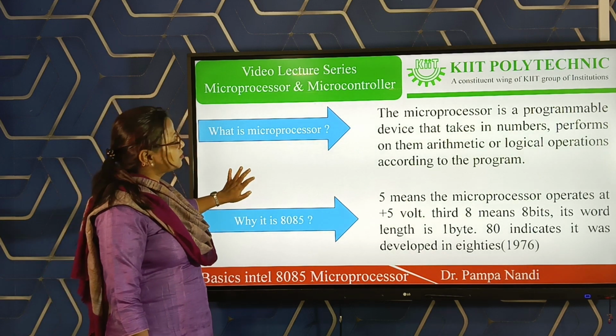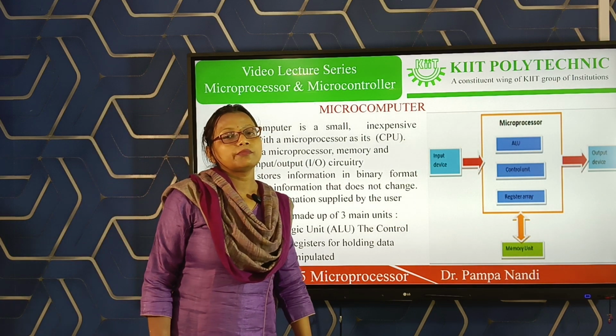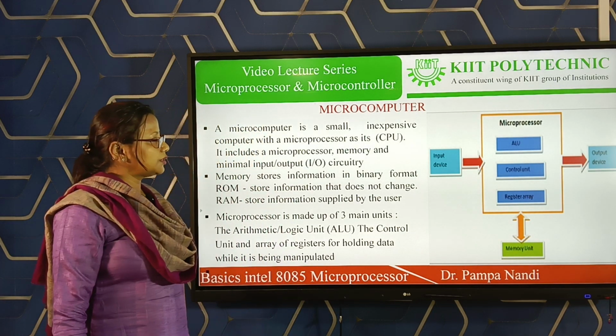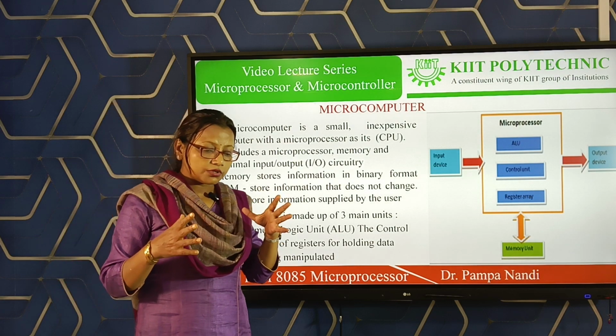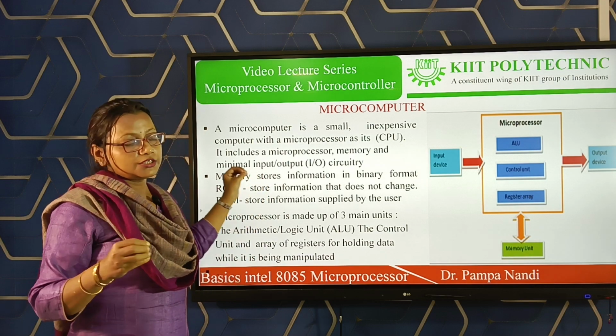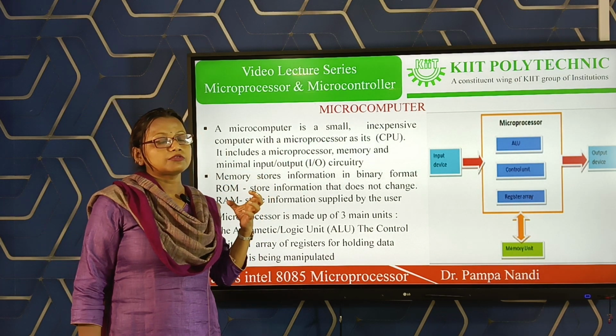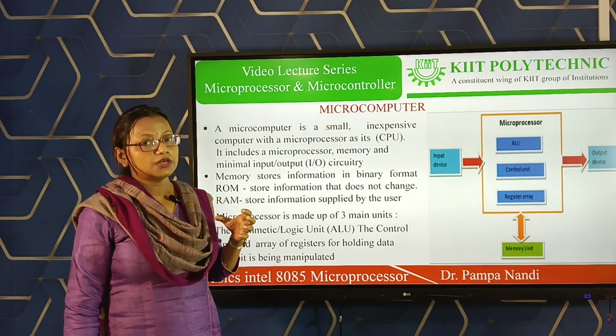Bit interesting, isn't it? Then what is the difference between a microprocessor and a microcomputer? When we are thinking about a computer, as I mentioned previously, the microprocessor is taking the numbers. So from where are we giving the numbers?